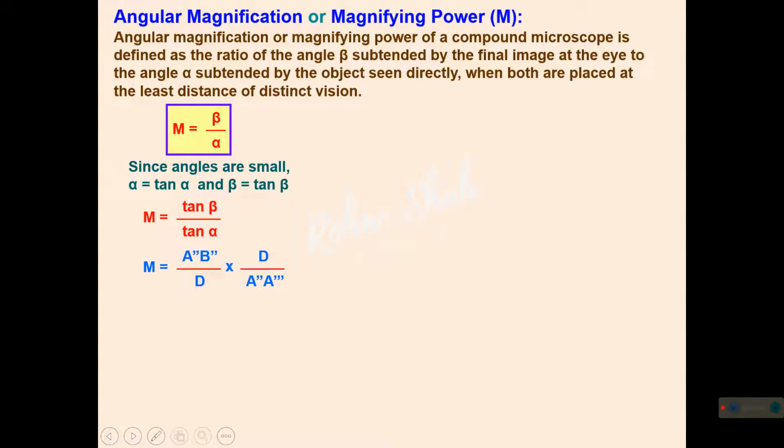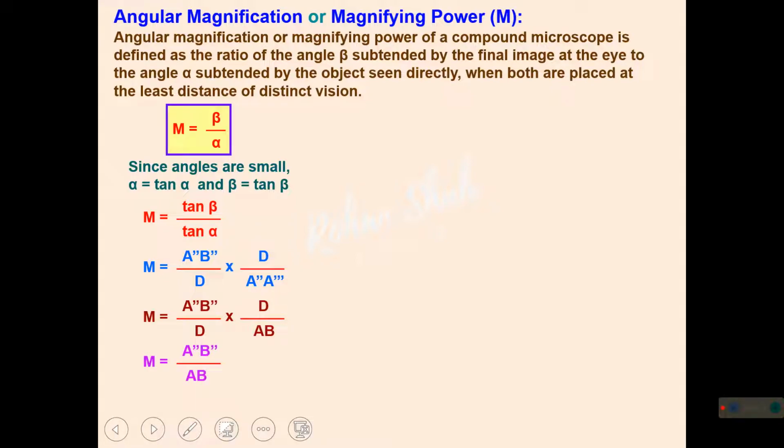Now from the diagram, tan beta is A double dash B double dash upon D, and tan alpha is A double dash A triple dash divided by D, right? So substituting the value, D will get cancelled, and we have like this, right? A double dash A triple dash is same as AB, that is object. So now we have the final magnification is A double dash B double dash upon AB.